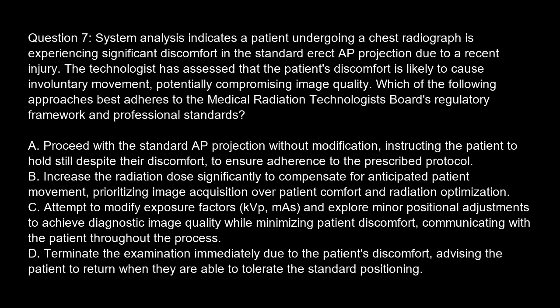Option C. Attempt to modify exposure factors, kVp, mAs, and explore minor positional adjustments to achieve diagnostic image quality while minimizing patient discomfort, communicating with the patient throughout the process. Option D. Terminate the examination immediately due to the patient's discomfort, advising the patient to return when they are able to tolerate the standard positioning.